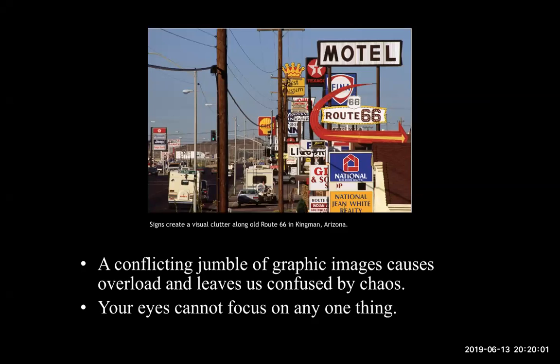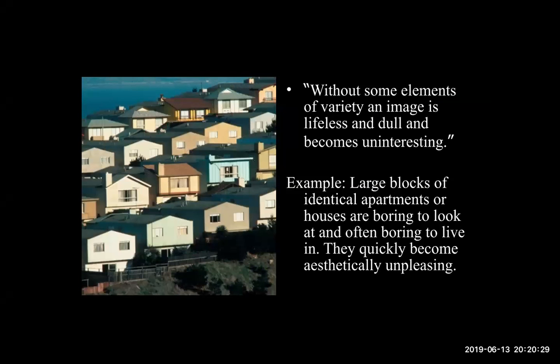The ones on the right, we see that group together, but then there's the ones on the left, and they're all broken up by these vertical lines, and we just don't know quite where to look or where the really important part of this photograph is, so it just becomes meaningless. You can't really focus on anything. We're a little overloaded here.